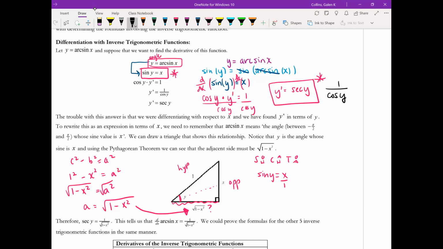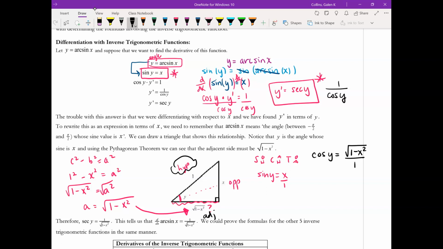So if I'm looking at my reference triangle, the cosine of y is going to be the adjacent side of the triangle over the hypotenuse. So according to our triangle, the cosine of y is the square root of 1 minus x squared over 1.